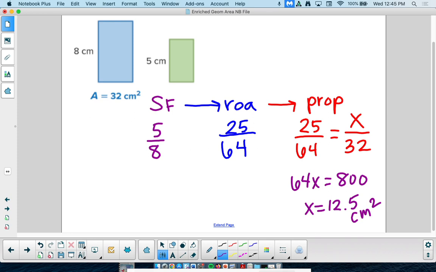Come on, you guys get a head start on that last one. Same process, just different numbers, and I'll put you on the board. Start with the scale factor.